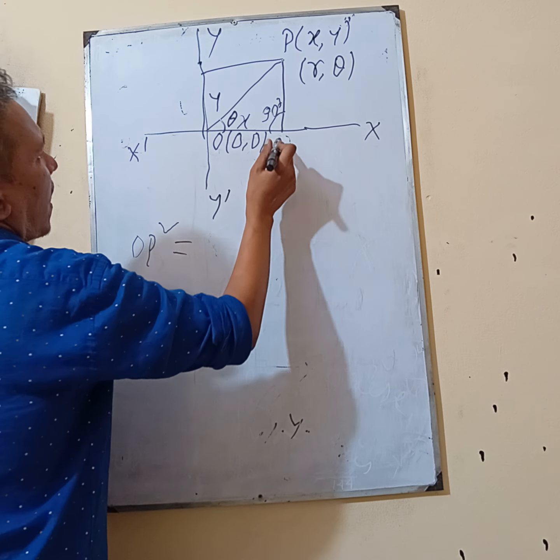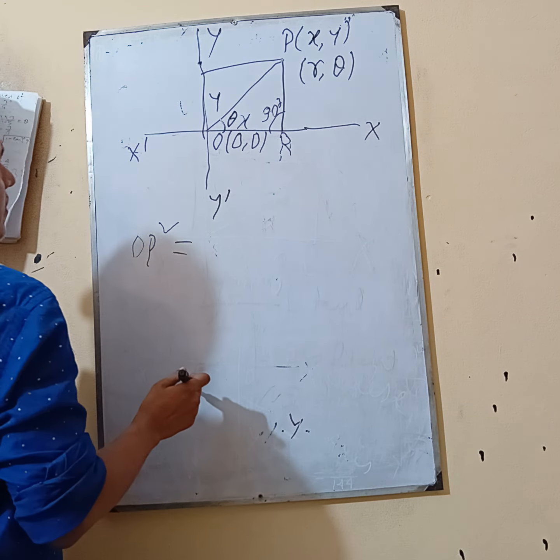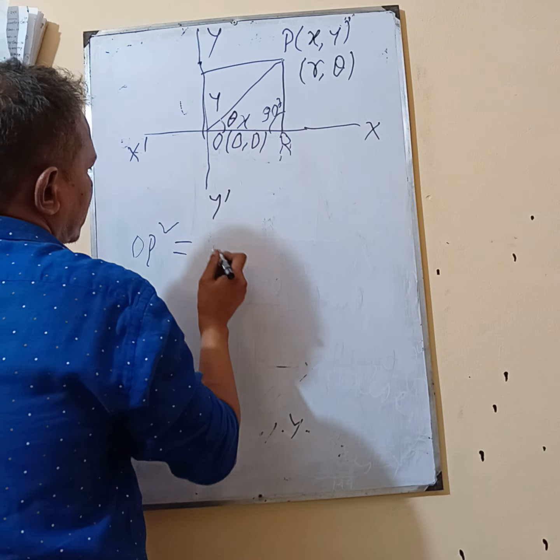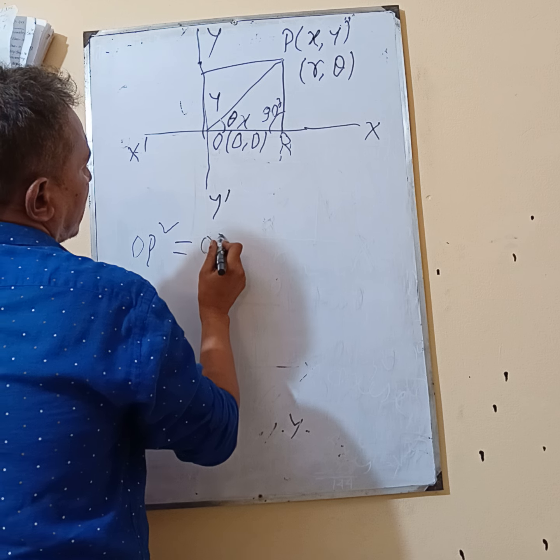Suppose this point is R, and OR square plus PR square equals OP square, by the Pythagoras theorem.